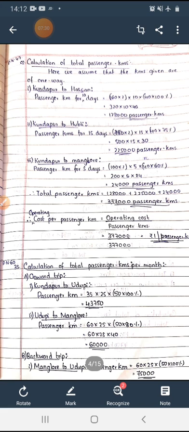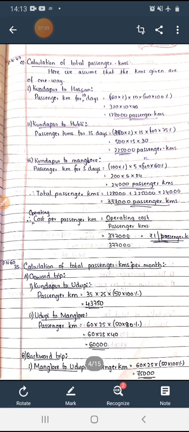Next, they not only ask to calculate the passenger kilometers, but also to ascertain the cost per passenger kilometer, that is, for 1 kilometer how much the cost will be. The total cost is given in the problem. Cost per passenger kilometer equals operating cost divided by passenger kilometers.